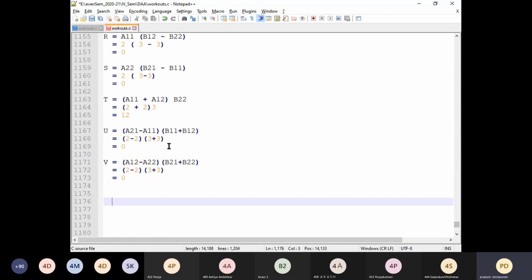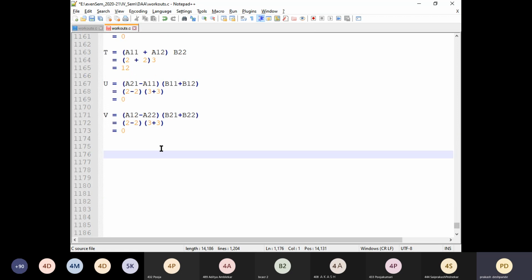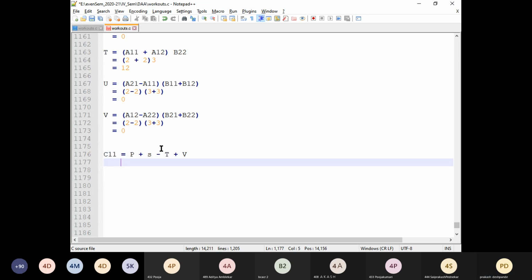Now, the elements of the resultant matrix. The first one, C11, equals what? P plus S minus T plus V. What is the P value? 24.